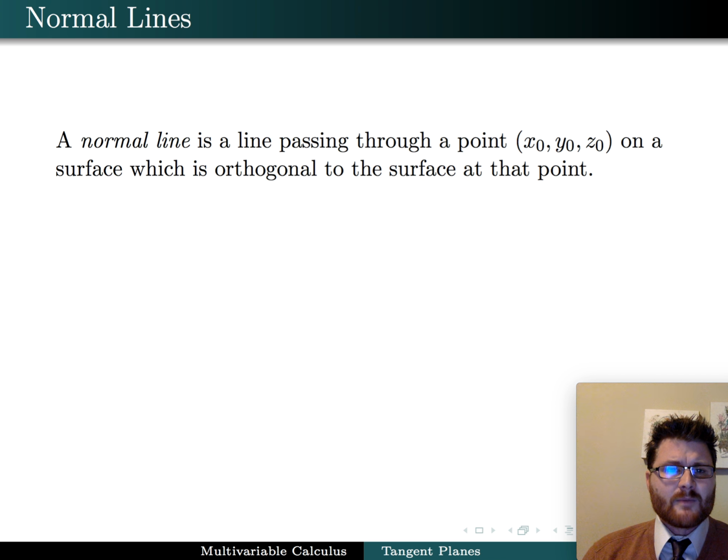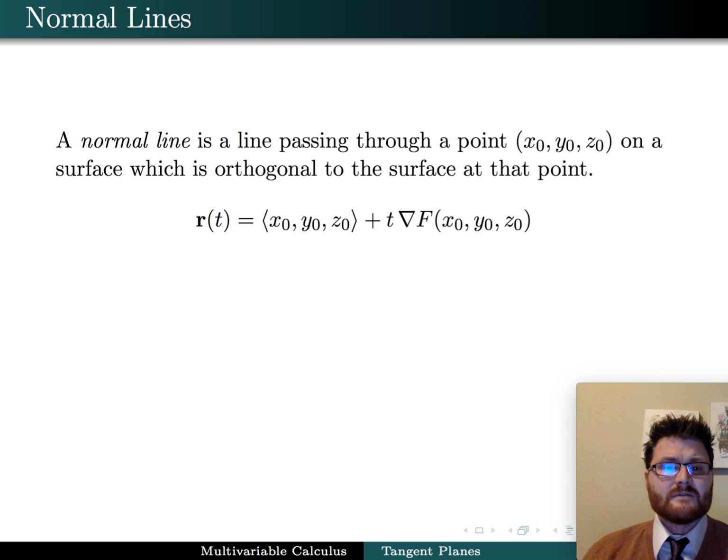Well, if you remember how we came up with the equations of lines with vector valued functions, we had the point and then we just added a scalar multiple, our parameter t, times the vector whose direction goes in the direction we want the line to go. And so if we want something that's orthogonal to the surface, then that gradient is exactly the perfect vector for us. And so we can just write down the equation of the normal line this way.